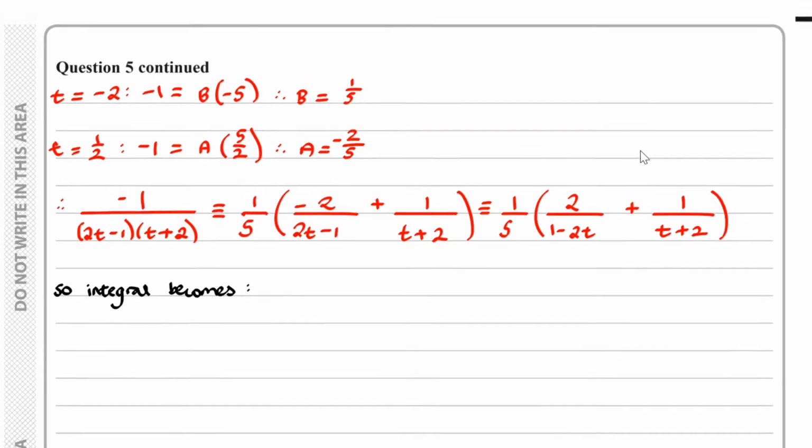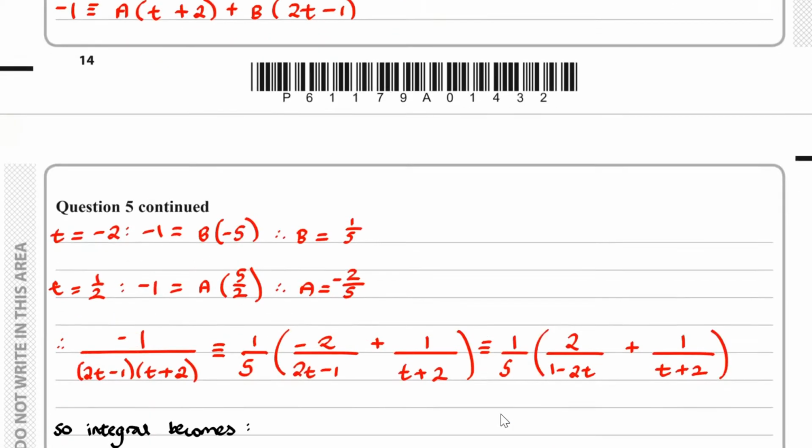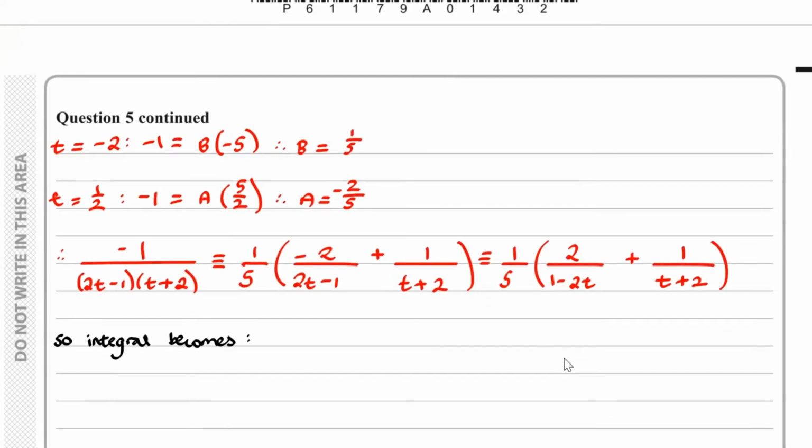And therefore, hopefully you can see that the integral then becomes, if you look at what we have over here, this bit we can replace with what we have over here. We have 1/5 lots of the integral of, I'll write this first.